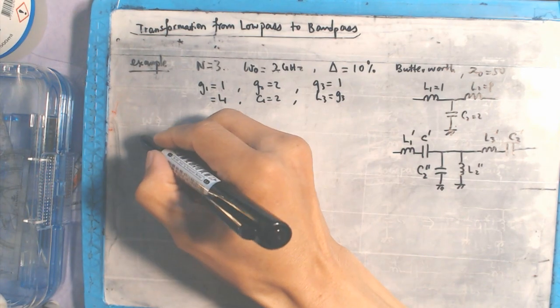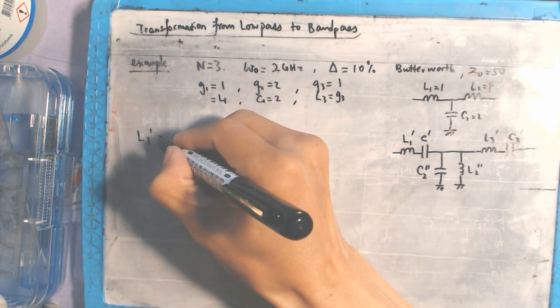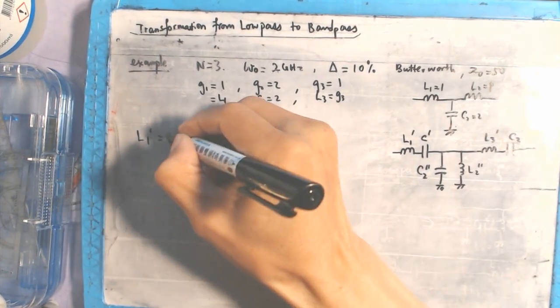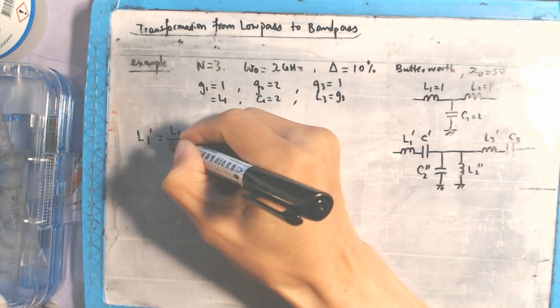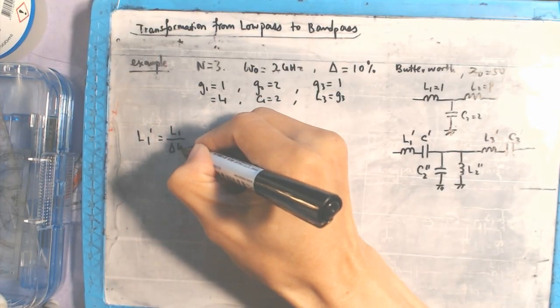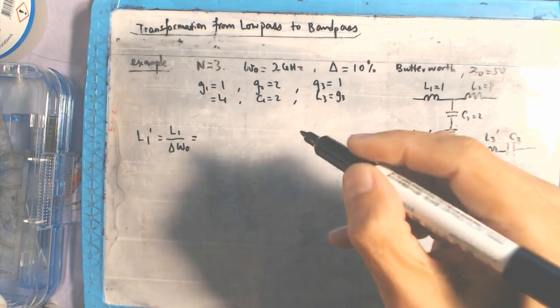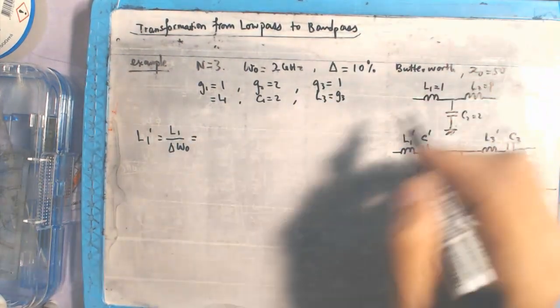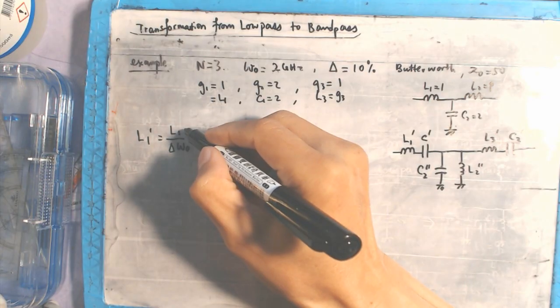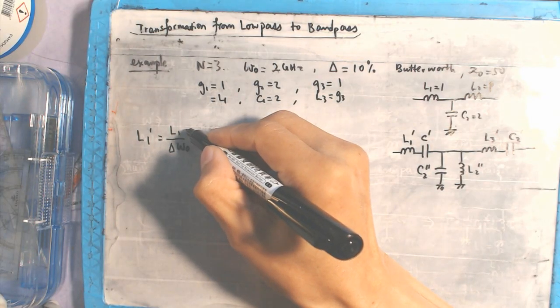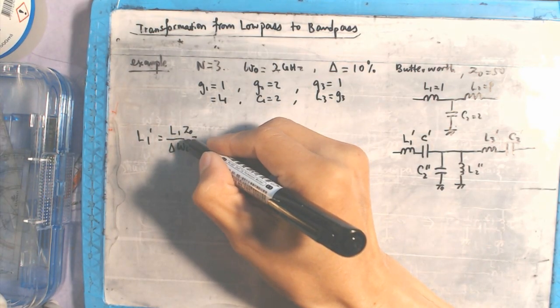L1 prime is equal to L1 and then delta over omega naught. And remember, you need to multiply it by the reference impedance. The reference impedance is Z naught. Yes, this is what you need to do.